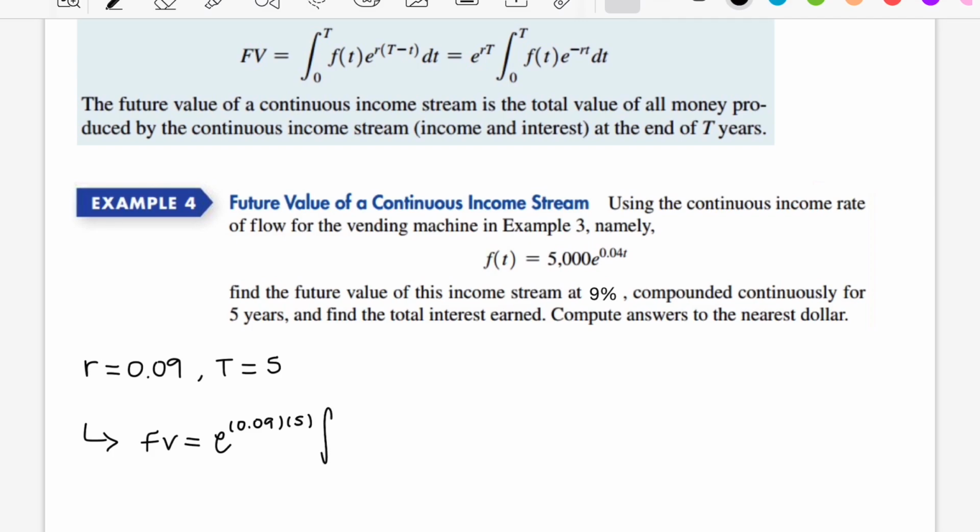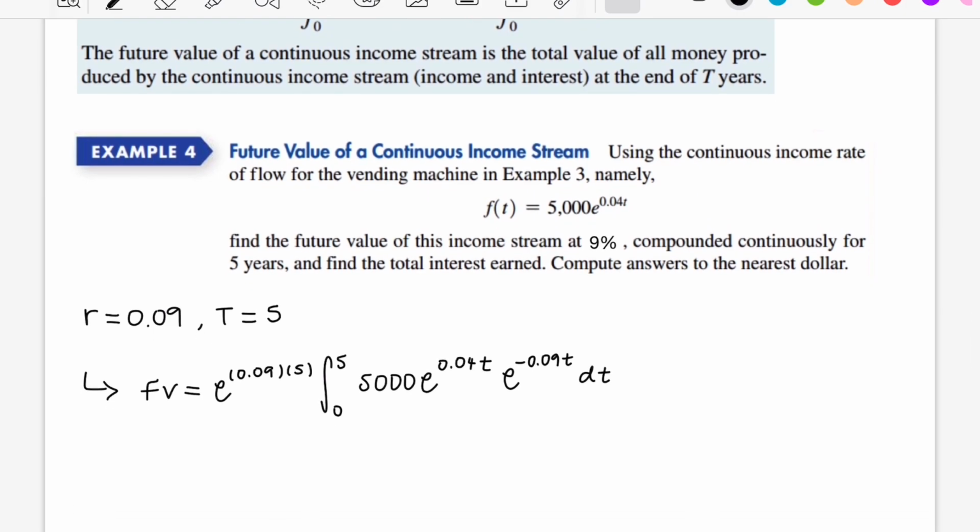Then we have the definite integral from 0 to capital T, which is going to be 5, of our function f of t here, which is given by this, times e to the minus rt here. r is 0.09, and we have t there.